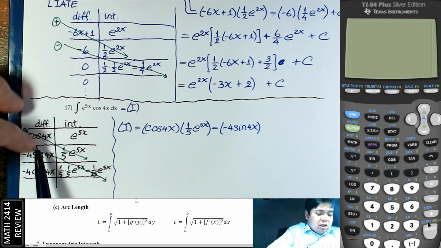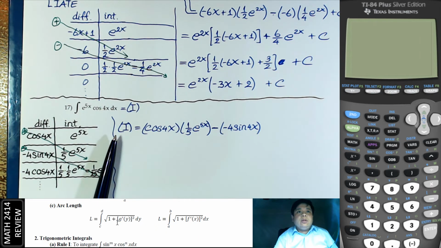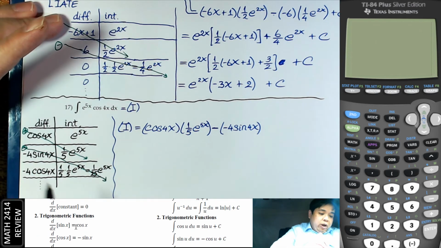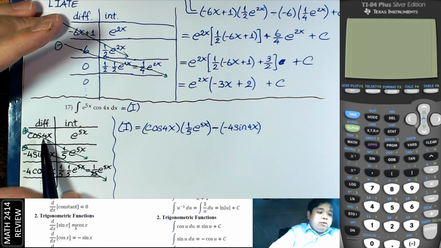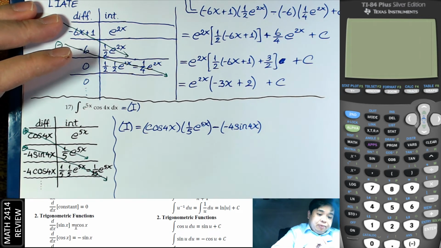Note that in the integral, of course, you have the derivative and integral for general. If we have the constant multiplied to it, for derivative it's going to be multiply, for the integral it's going to be divide.